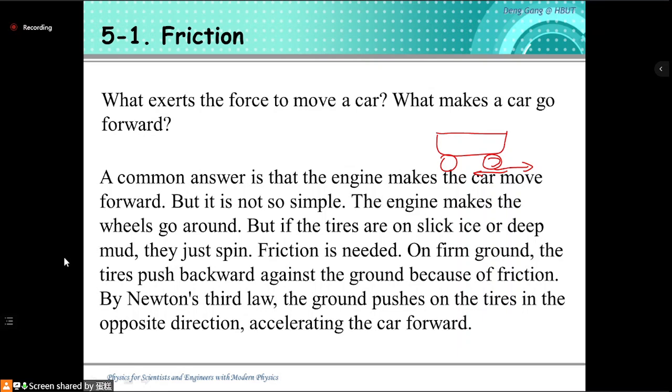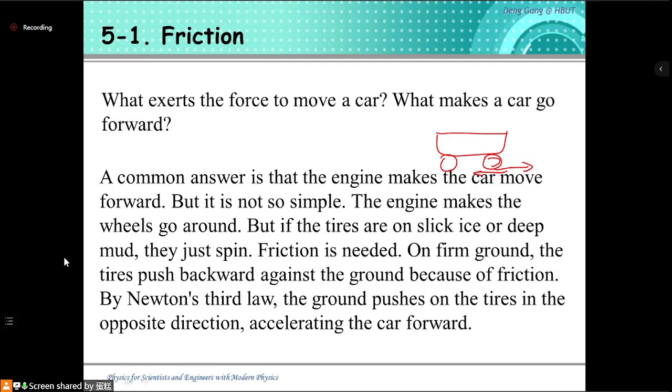So which means the force is in this direction. And the ground pushes the car moving forward, accelerating the car forward. And actually it's friction. Because according to Newton's third law, if the force on the ground is friction, the force on the tire is also friction.